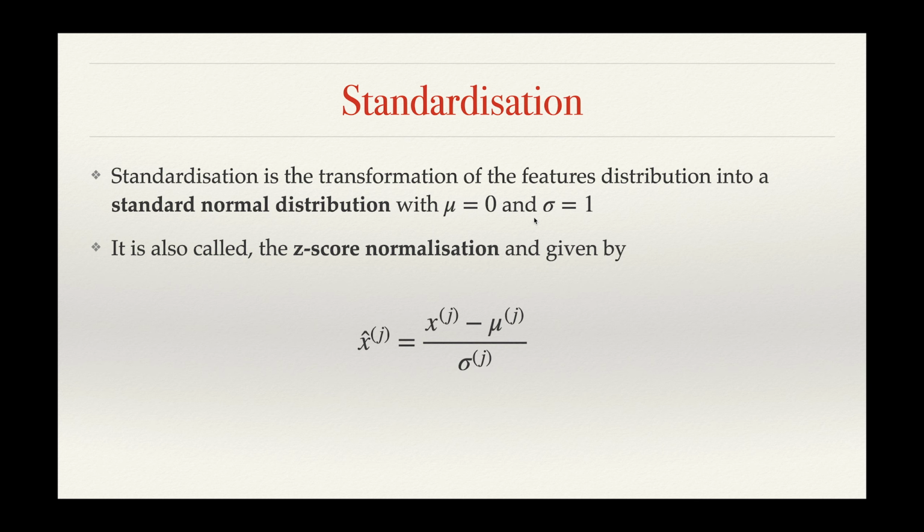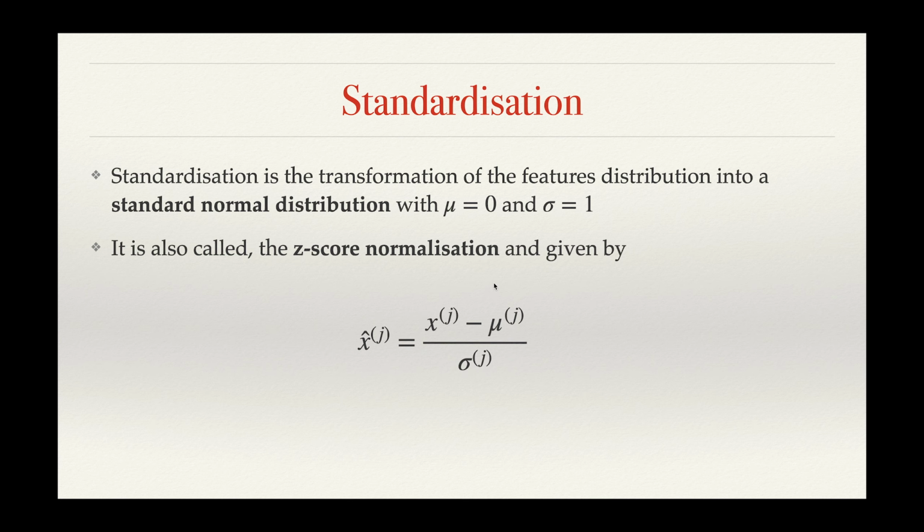It's also called z-score normalization. As I said, it's a special type of normalization and is given by: the standardized x for feature j is equal to the original feature j minus the mean, so how much it diverges from the mean, divided by the standard deviation of that feature.